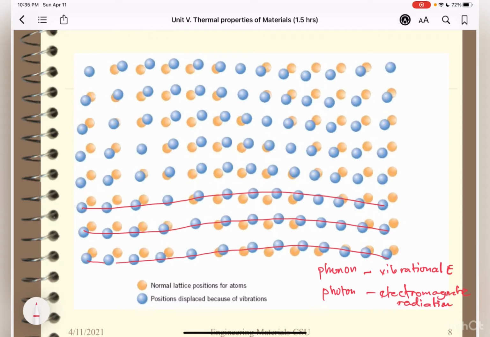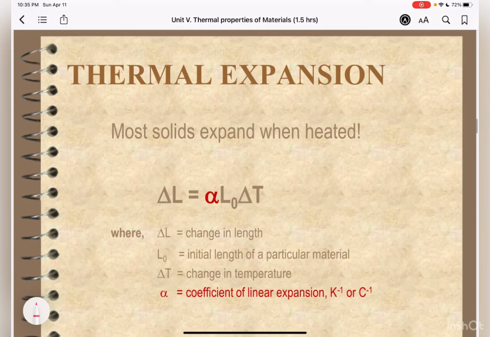Okay. If we deal with thermal expansion, most solid materials expand upon heating and contract when cooled. That's the usual phenomenon. The change in length with temperature for a solid material may be expressed as the final length minus the initial length all over the initial length, which is equivalent to alpha l times the final temperature minus the initial temperature.